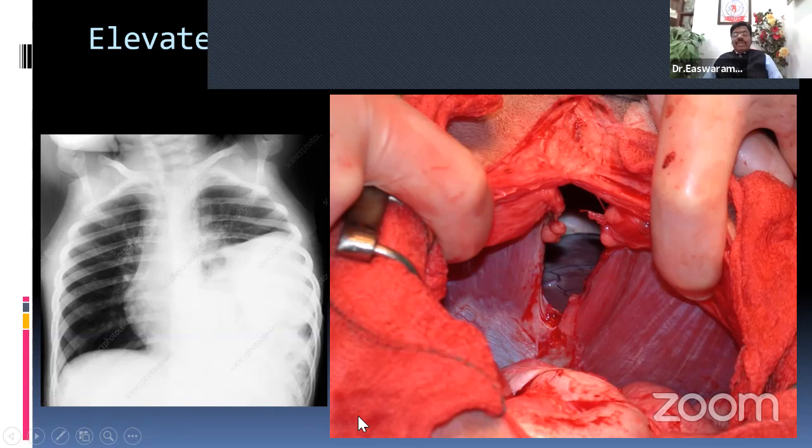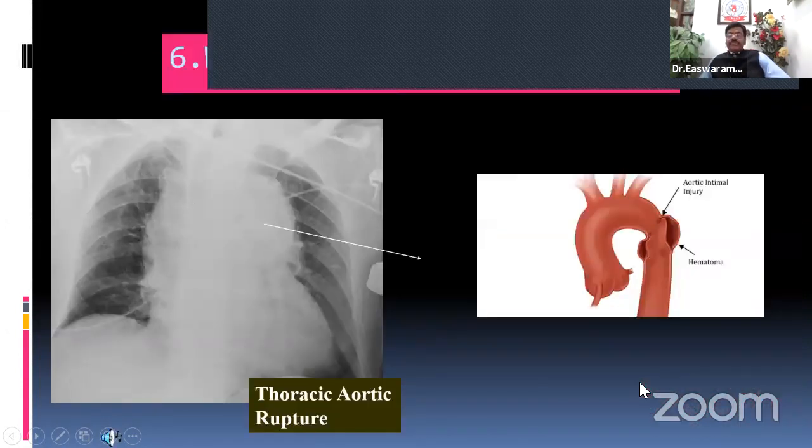You may all know a very simple thing: why is traumatic diaphragmatic hernia more common on the left side? Because on the right side the liver is there, and it protects against herniation of any solid viscera. But sometimes it can also happen. A right diaphragmatic rupture is rare, whereas a left side diaphragmatic hernia is more or less the rule rather than an exception.